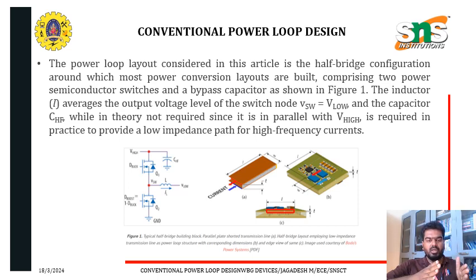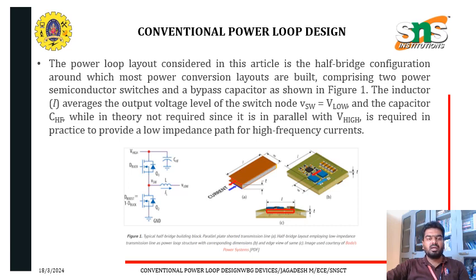The circuit diagram is on the left side, and the physical view is represented in the three diagrams A, B, C. The power loop layout considered here is the half bridge configuration around which most power conversion layouts are built, comprising two power semiconductor switches and a bypass capacitor as shown in the figure.